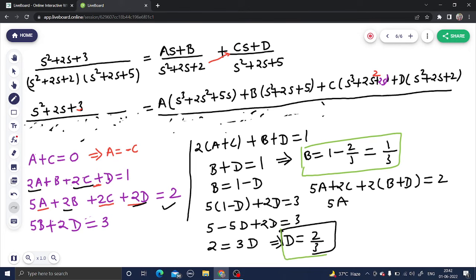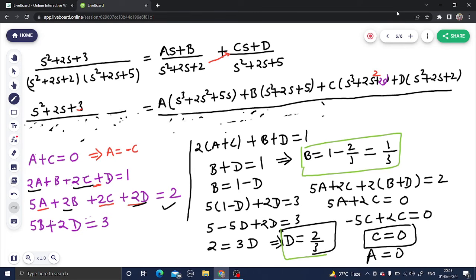So 5a plus 2c equals 2 minus 2, so 0. Also a equals minus c, so minus 5c plus 2c equals 0. So from here you are getting c as 0. So when c is 0, a will automatically be 0.